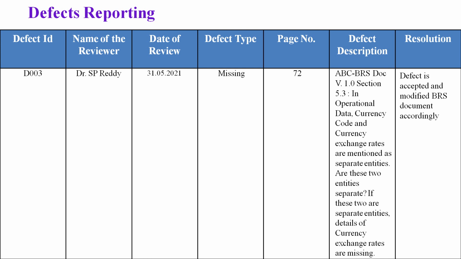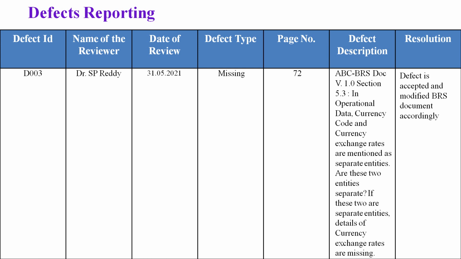As soon as I report this defect, the concerned author of the document will read this defect description, and he will verify the document on page number 72 under the section 5.3. If he feels, yes, this is a genuine defect present in this particular requirement, he will accept that defect and modify the BRS document accordingly.